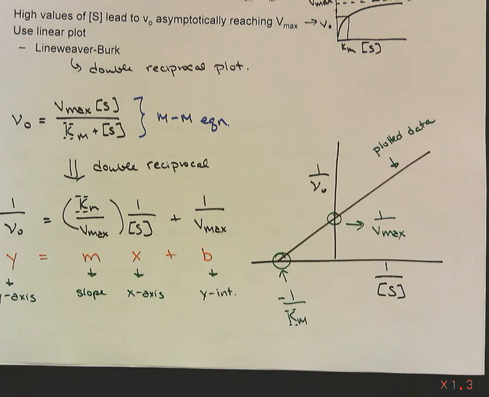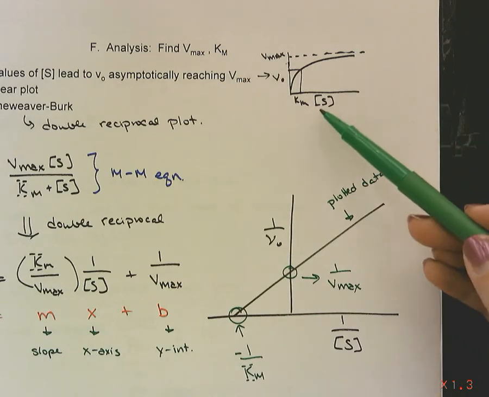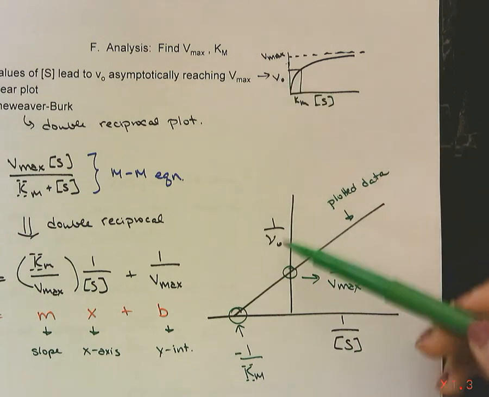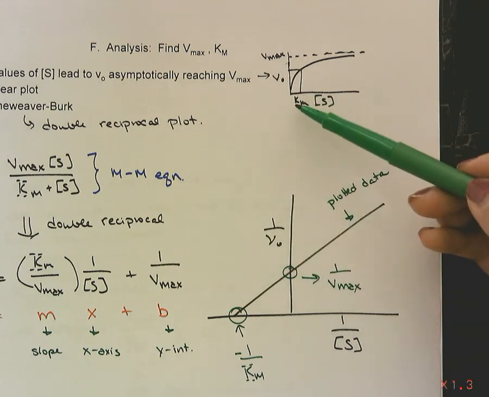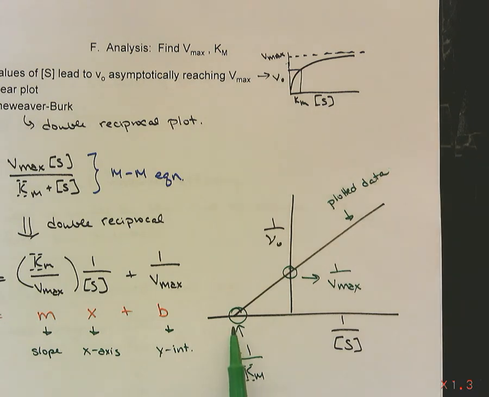So on this type of plot, I now have a numerical value for Vmax, and I have a numerical value for Km. If I look at the graph above it, 1 over S is still my x-axis and 1 over V0 is still my y-axis. Km is still an x value, but now because I've inverted it, it's on this side, 1 over and negative.